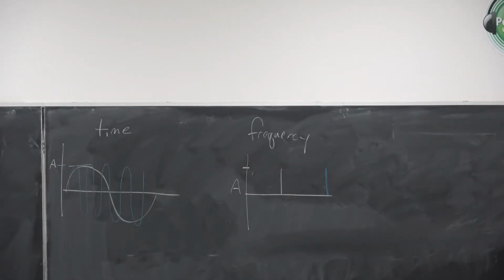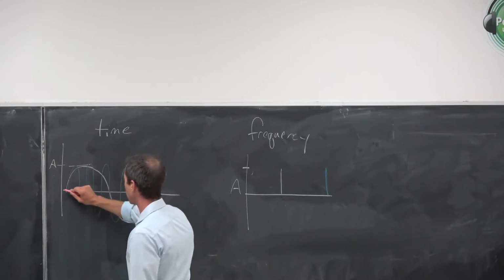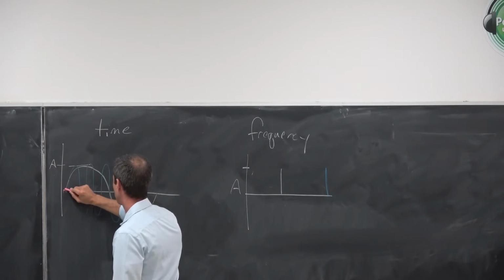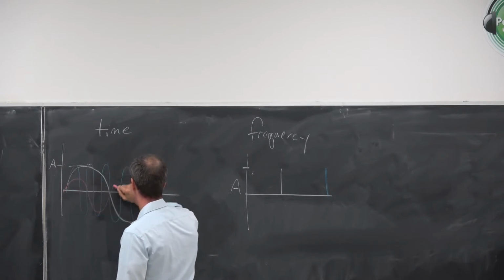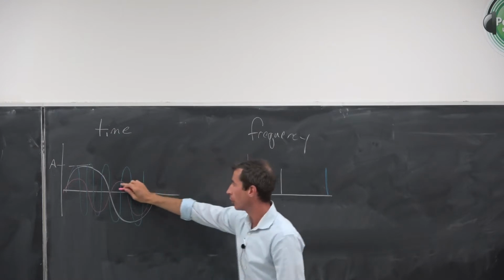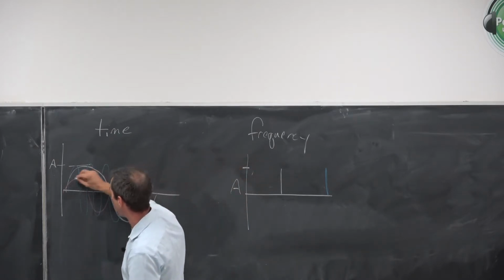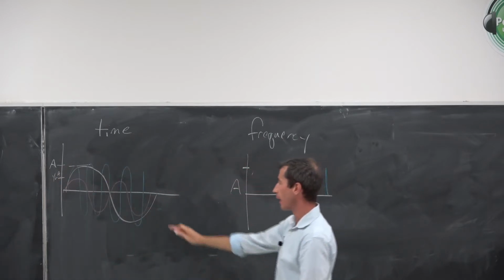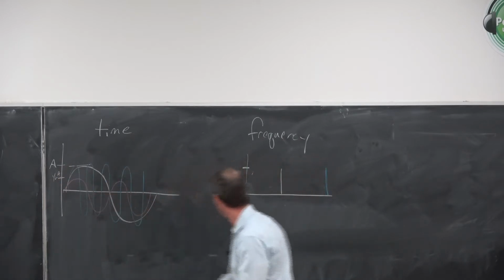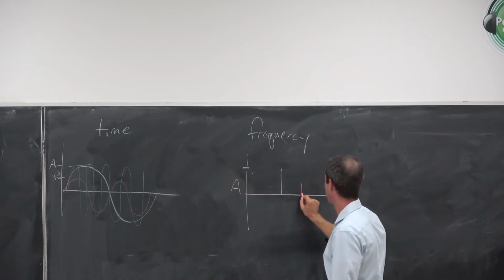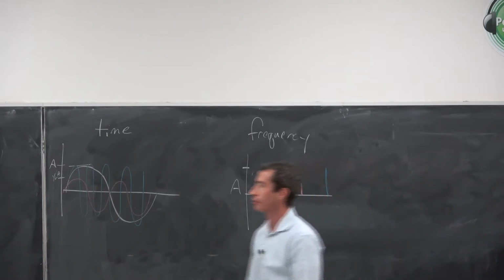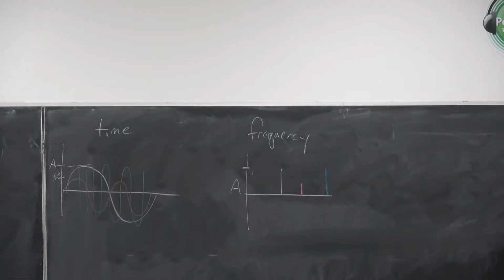And then if we had something in between, lower amplitude, maybe 1/2 A, and a frequency that's somewhere in between, it would look like that. Neat, right? It's a whole different way of thinking about these kinds of science. So frequency domain, time domain.